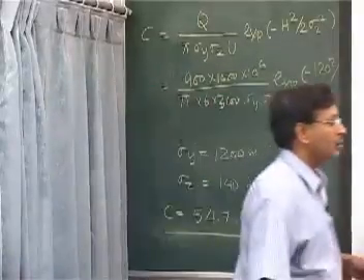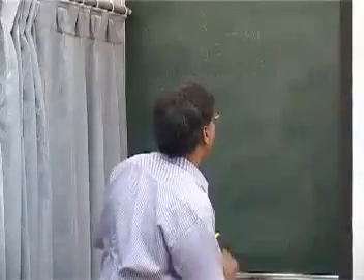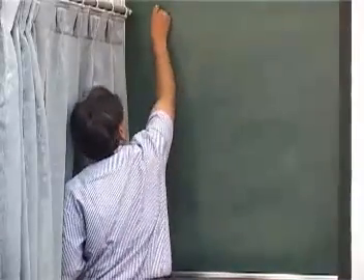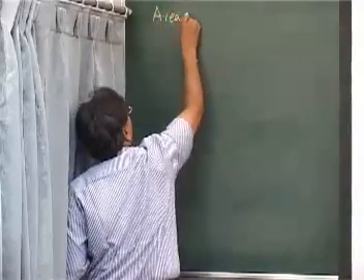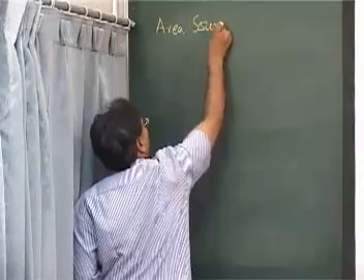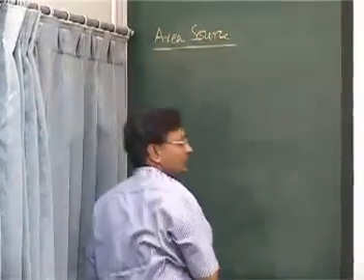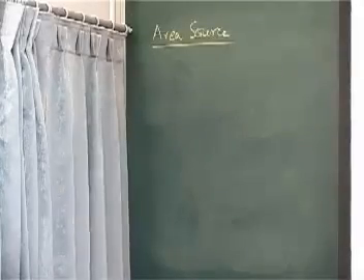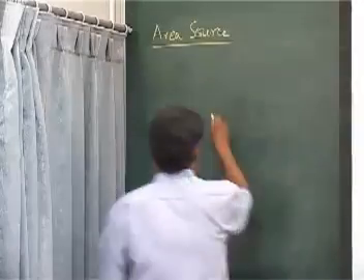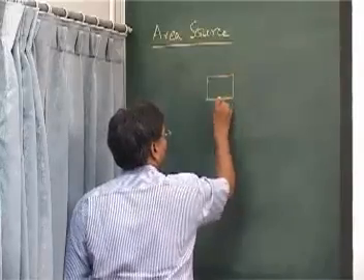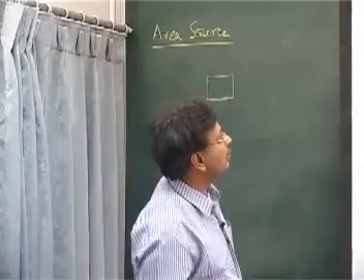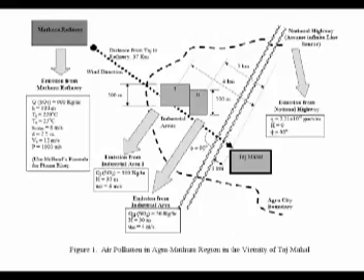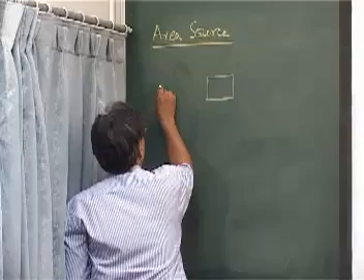Okay. So let's remove this area source. Let's take the area source number 1. What is the quantity of the emission? 100 kg per hour.